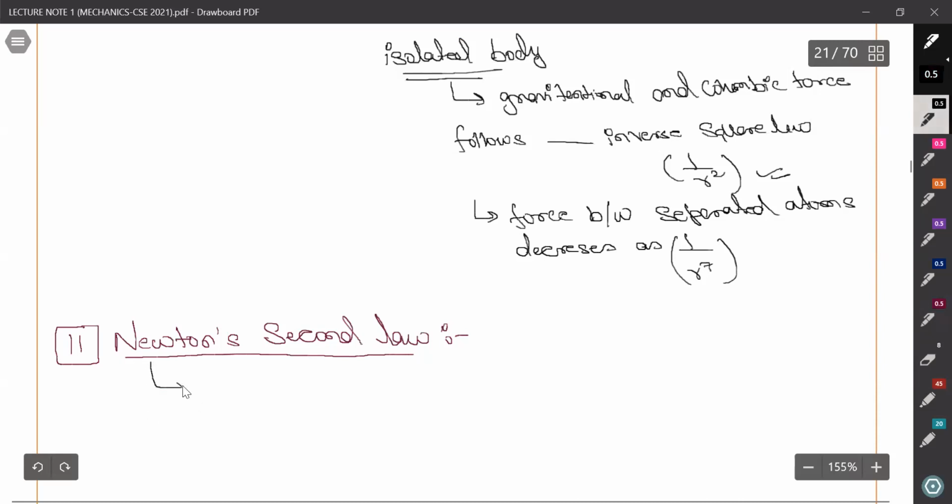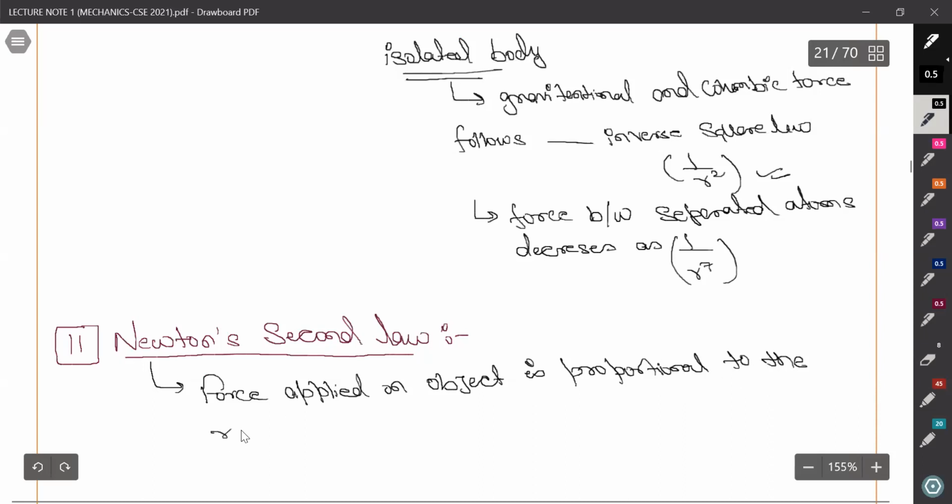So what Newton's second law said is that the force applied on an object is proportional to the rate of change in momentum. Always remember that force is related to the change in momentum, not change in velocity.